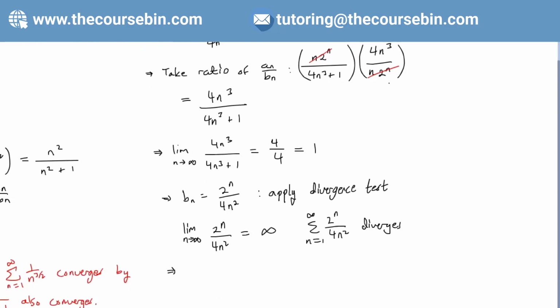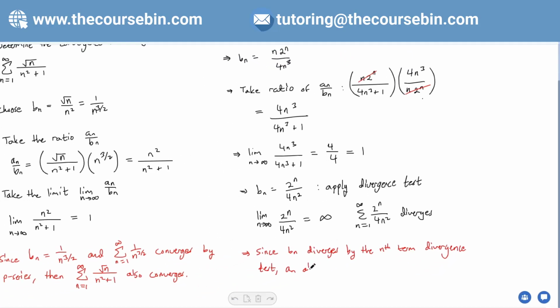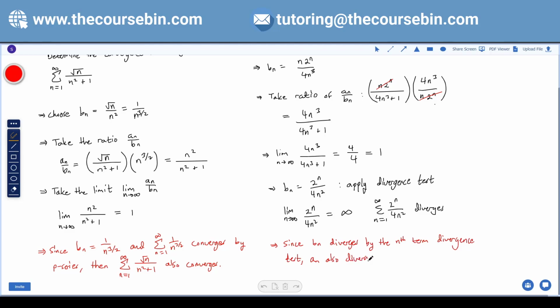So we'll say since the sum of b_n diverges by the nth term divergence test, the sum of a_n also diverges, because both series do the same thing according to the limit comparison test.